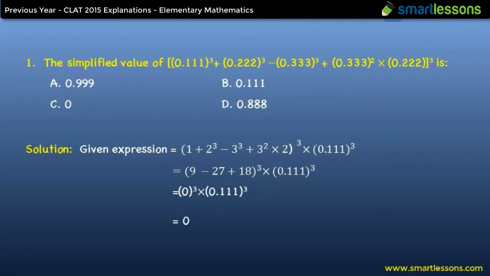So essentially plus 18 minus 18 is 0. So this factor 1 plus 2 cube minus 3 cube plus 3 square into 2 will give you essentially 0. As you know, anything multiplied by 0 will end up with 0. So the whole expression will basically give you 0 after simplification.